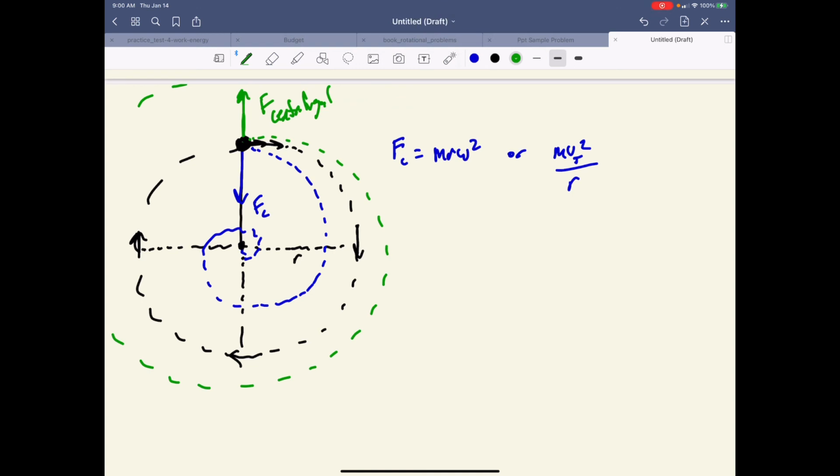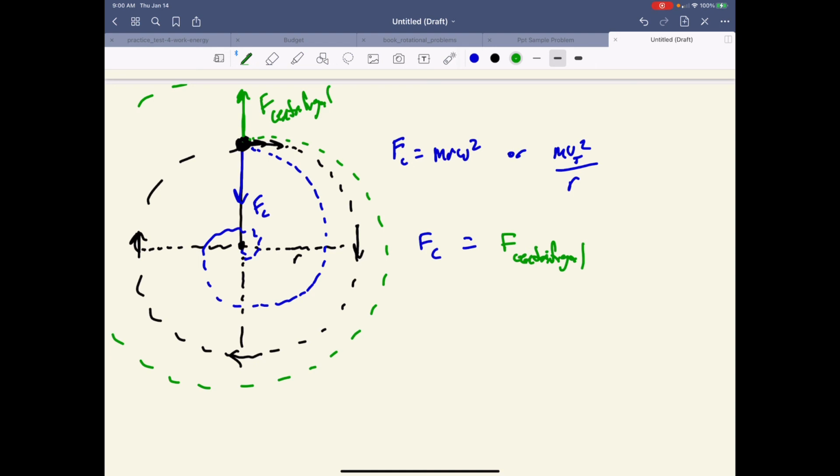The fact that the ball is not accelerating radially inward or outward tells you that F sub c has to be equal to the centrifugal force. Remember, I'm calling this centrifugal force with quotes around the term. It's a fake force, but it acts like a force.